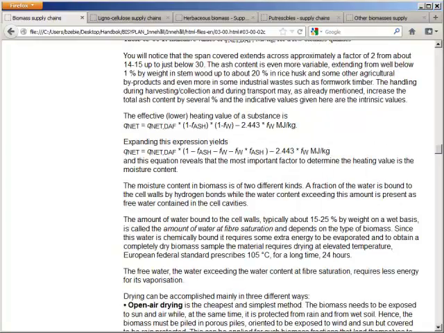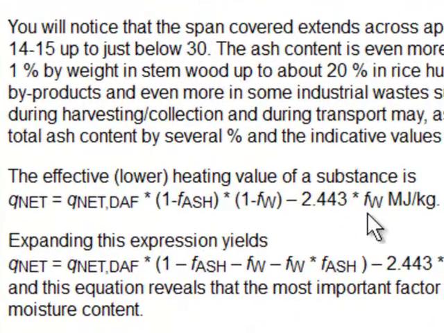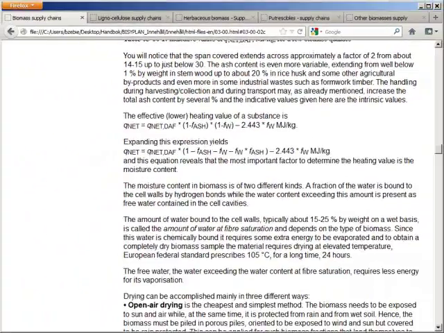Going back to the equation for the heating value, you will notice the importance of ash, that the fraction of ash is another determining factor for the heating value. Now, there are two different types of ashes.